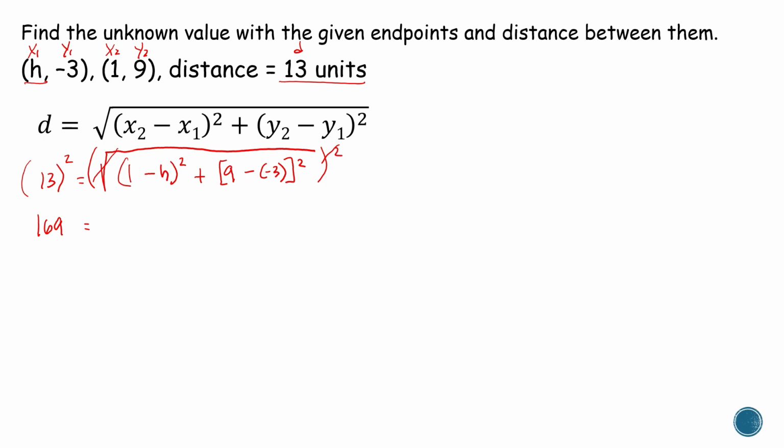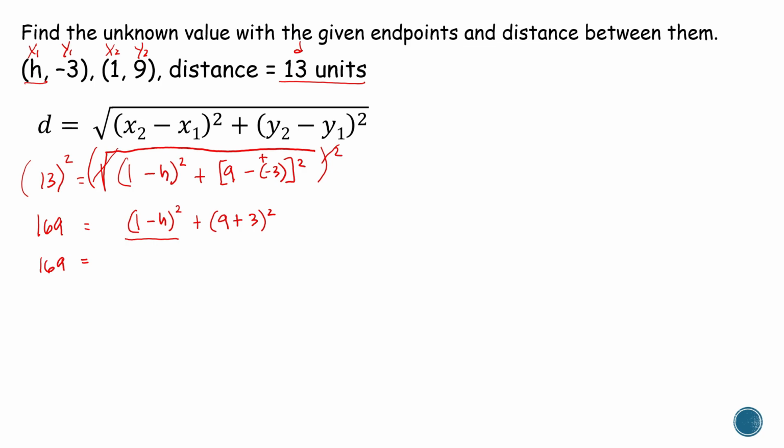Now that 1 minus h squared, I'm just going to write it first. Plus 9 plus 3 squared. Okay? So 169 equals, so I'm going to expand this.